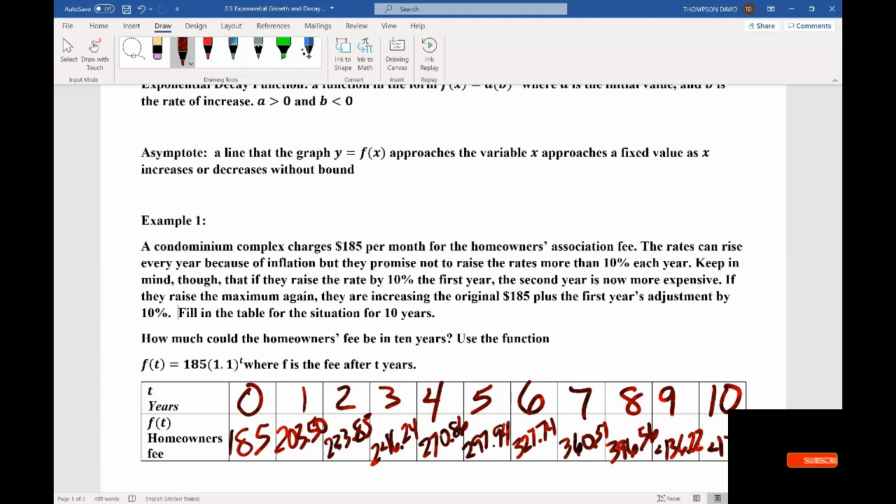So the homeowner's fee will be $479.84 in 10 years.